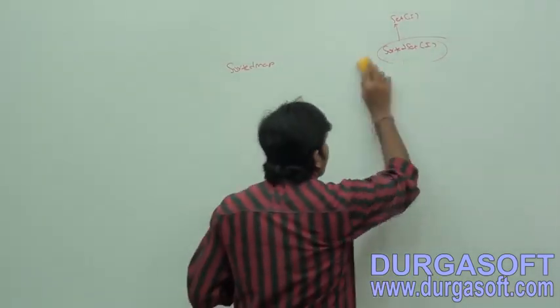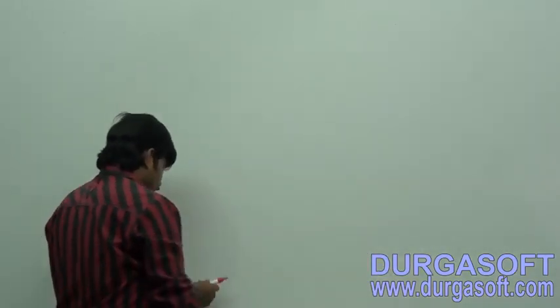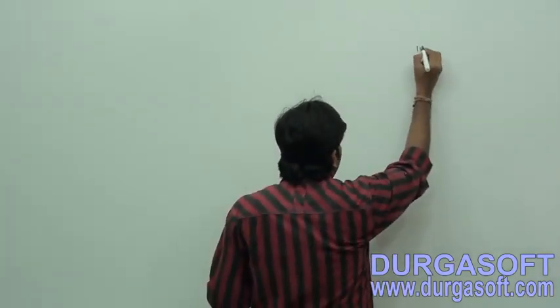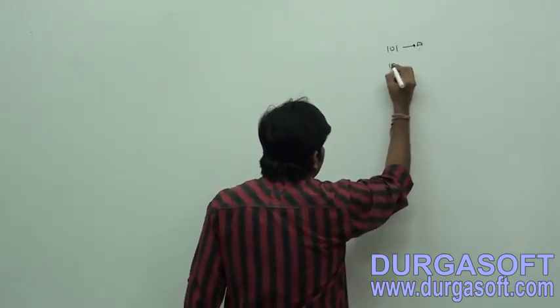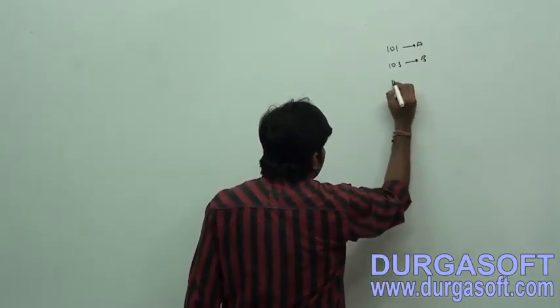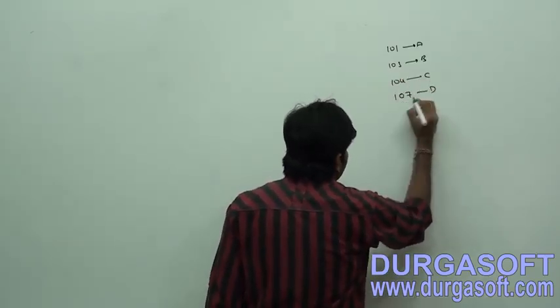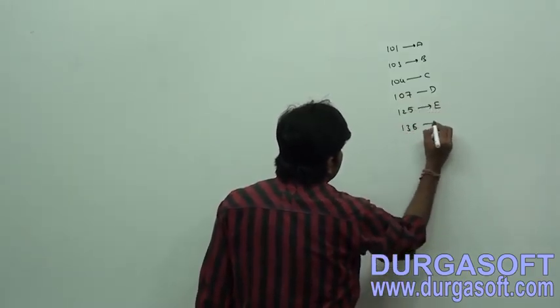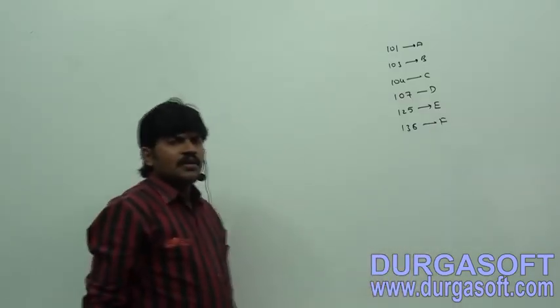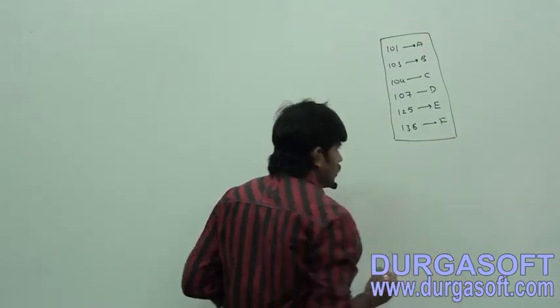Suppose, just observe, here it is my key value, my map object. Now observe: 101, let's take A; next 103 B, 104 C, 107 is D, 125 is E, 136 is F. Can I use the term, is it a SortedMap or not?